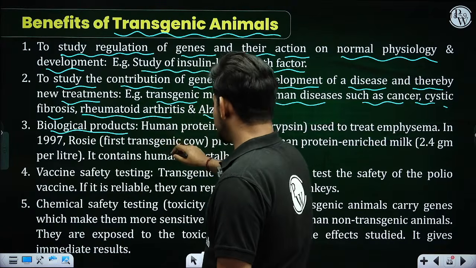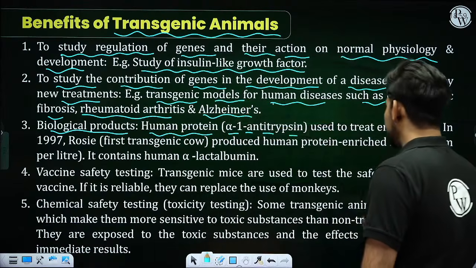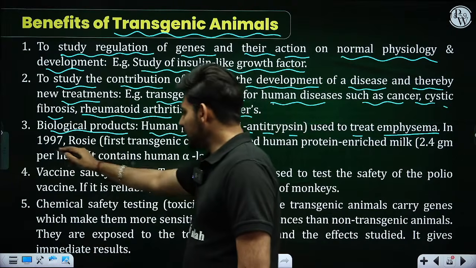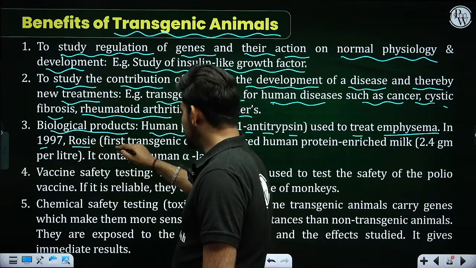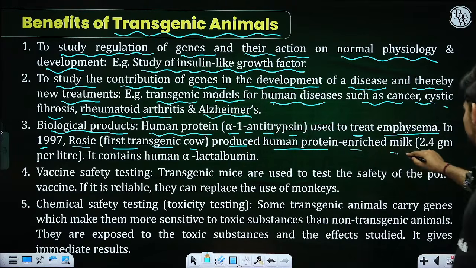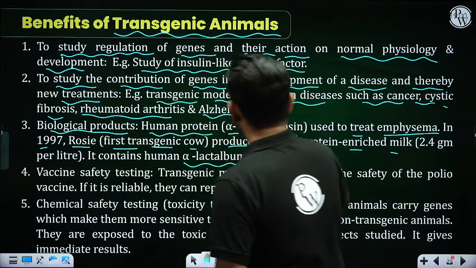Biological products like human protein called alpha 1 antitrypsin are used to treat emphysema. In 1997, Rosie, the first transgenic cow, produced human protein enriched milk, called alpha lactalbumin.